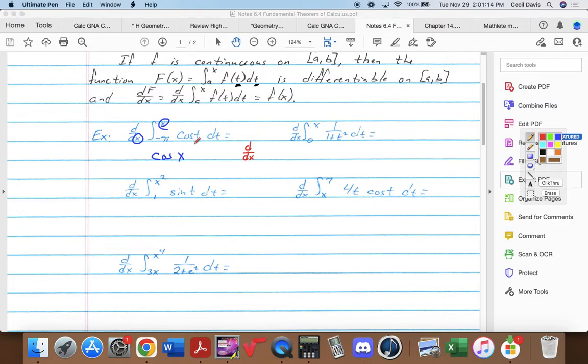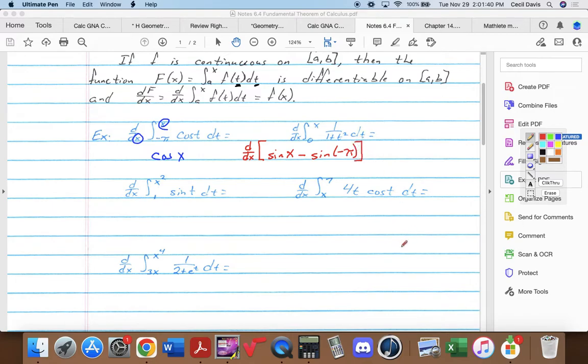So what would be an antiderivative of cosine of t? Sine of t. So I'm going to take the derivative of sine of t evaluated at x minus sine of t evaluated at negative pi. So that would be sine of x minus sine of negative pi.